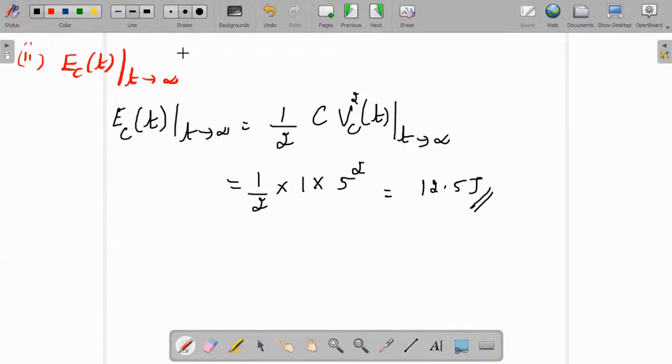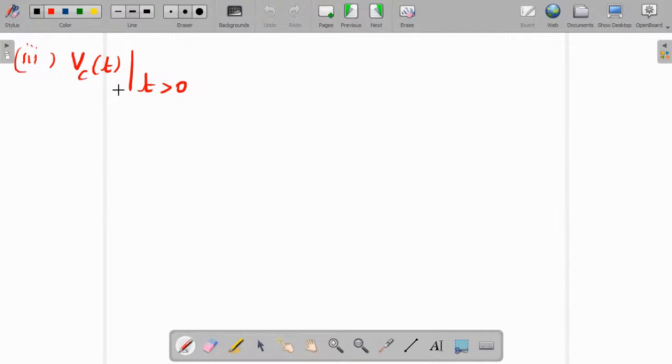Next, third subdivision. Find Vc of t for t greater than 0. Okay, so after the switch is closed, what is the value of the voltage stored across the capacitor? It is not 0 plus, immediately after the switch is closed, they have not asked, and also not steady state, but in between, after a particular time.